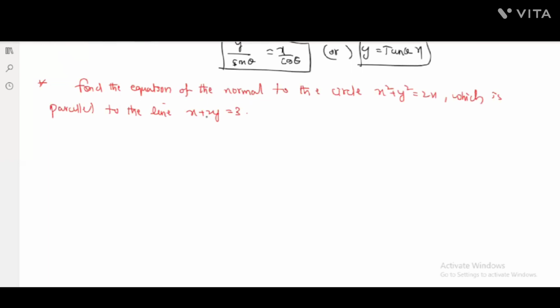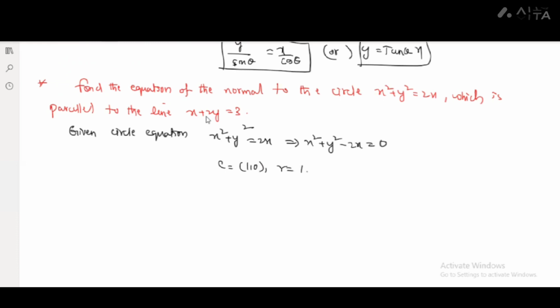So what they are given, the equation of the circle, is x square plus y square is equal to 2x. This we can write like x square plus y square minus 2x is equal to 0, whose center is 1 comma 0 and radius is 1.